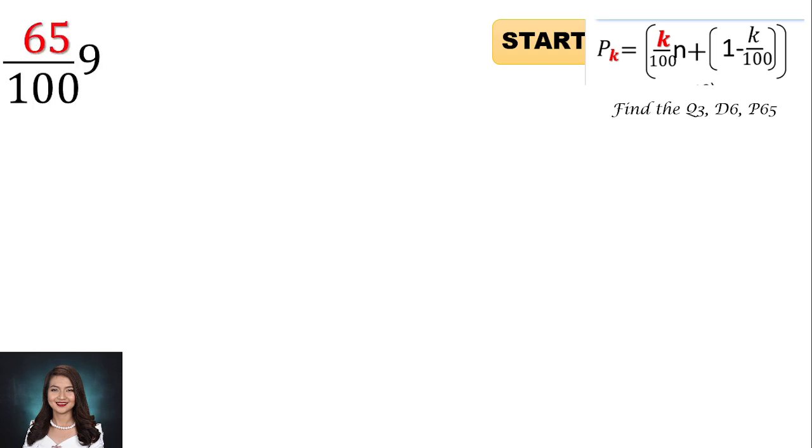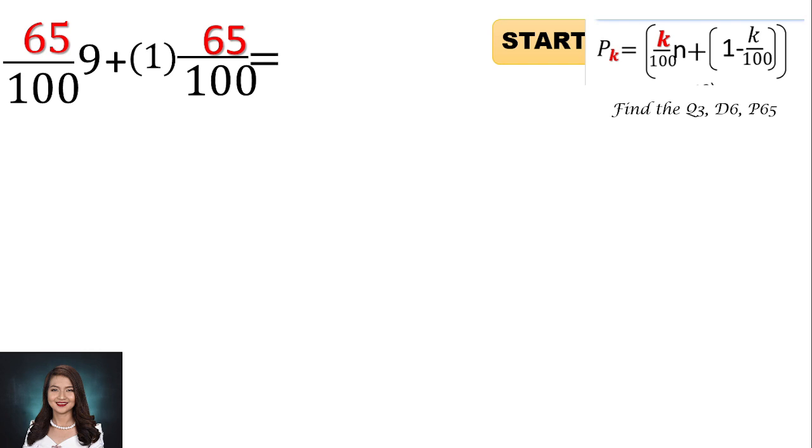Next, let's compute the 65th percentile, and here is the formula. In this data, our k is equal to 65. So we write 65 over 100 multiplied by 9 plus 1 minus 65 over 100.